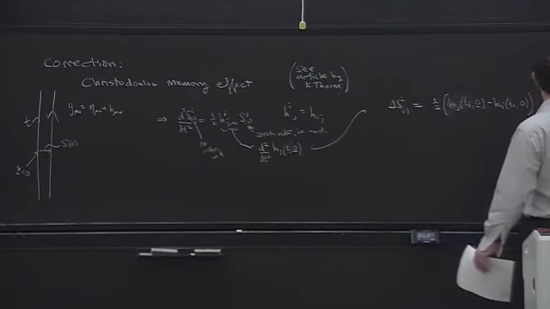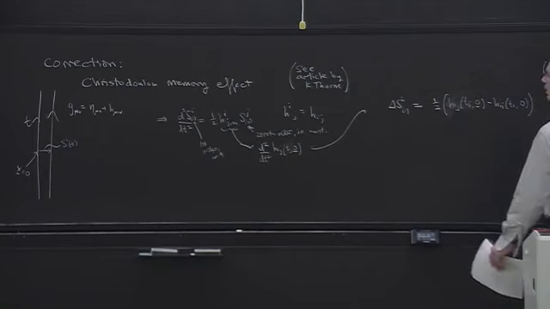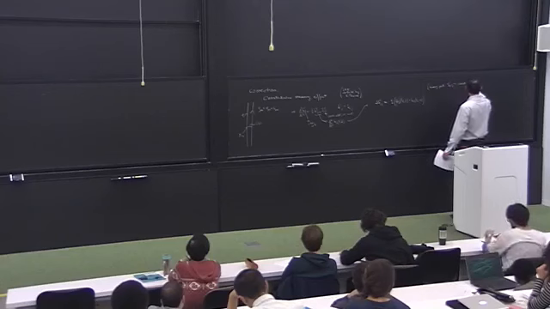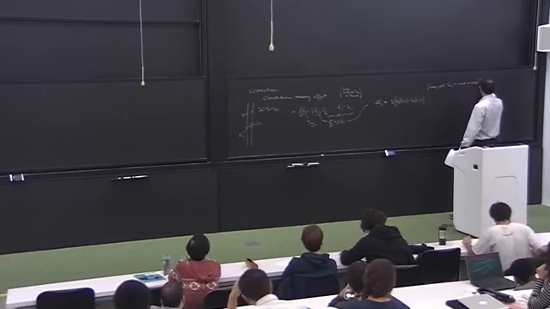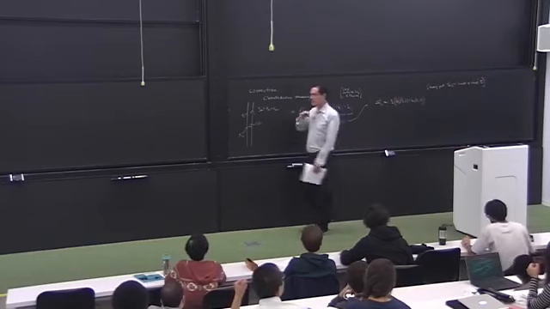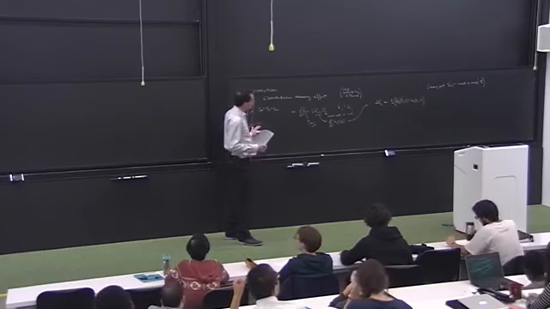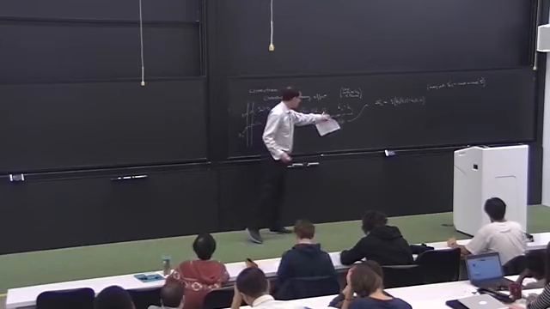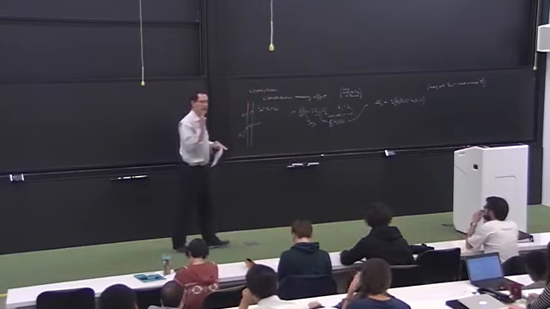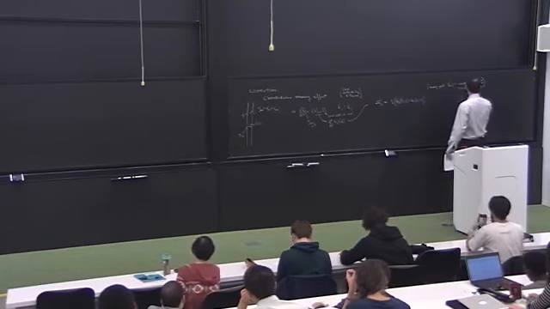The homogeneous part, s_1, goes like a constant plus some other constant times t. That's 0 because of the initial conditions. The initial conditions are that at t initial, the first order displacement is 0, and the first order velocity is 0. So these are all 0 by the initial conditions.